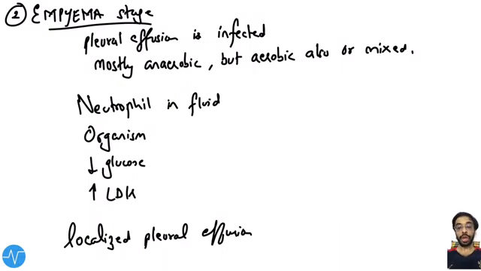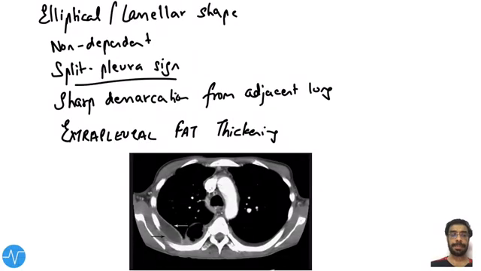This will be a non-dependent sharp demarcation, and in this the extrapleural fat thickening will be seen because there is more and more infection going on. The split pleura sign can be seen on CT.